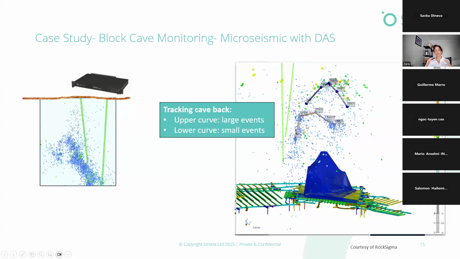So it shows that the block cave is actually propagating in relation to the geological stress and geological structure, as well as the stress distribution. So it's not that nice even dome shape that we would want to have in the block cave. It gives you a much better indication of how the cave is propagating and how the rock mass is responding.